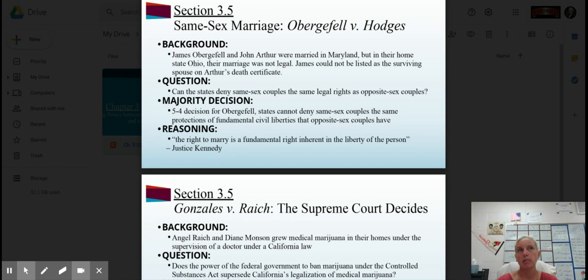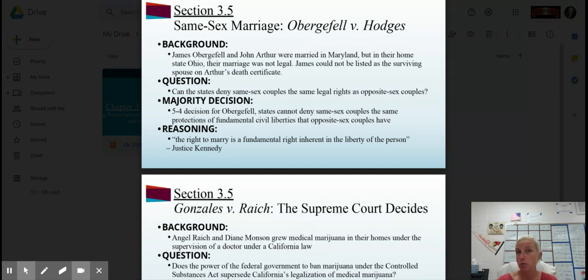But the state said, no, each state decides marriage laws, and Ohio decides that same-sex marriage is not allowed. The court ruled 5-4, so it's controversial. Anytime you see a 5-4 vote, it's a controversial vote. But they ruled in favor: same-sex marriage is constitutional.